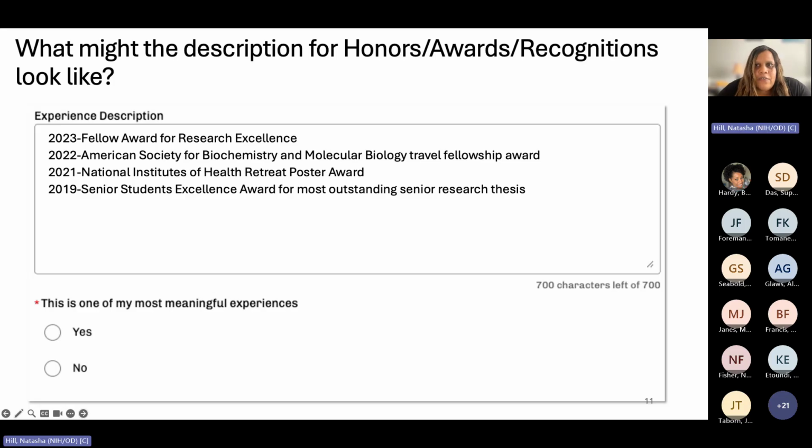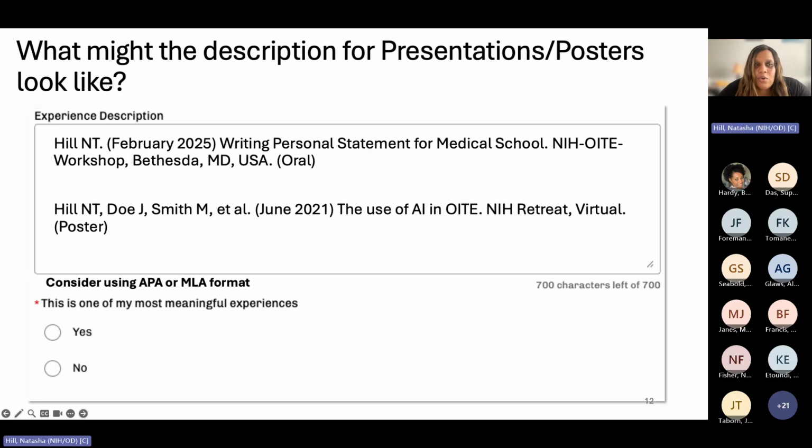So when you're thinking of poster presentations or oral presentations, you're going to consider using APA or MLA format to list these experiences. And remember, if you have multiple poster and or oral presentations, select the ones that are most meaningful to you to keep in your application.